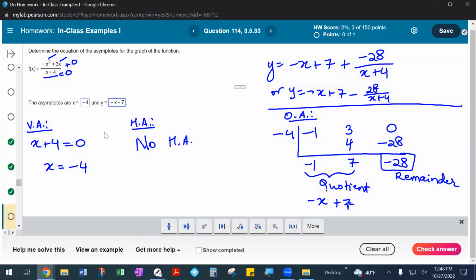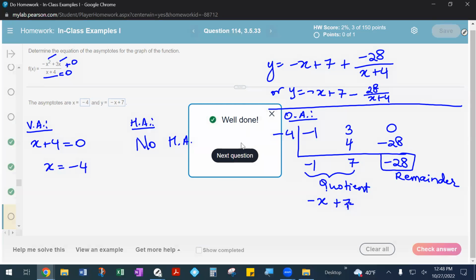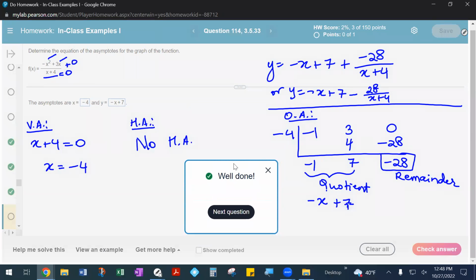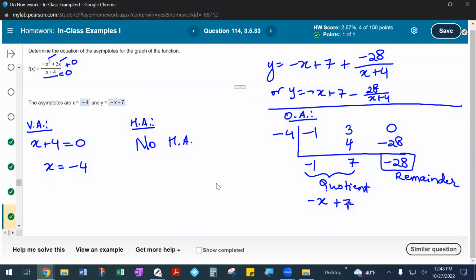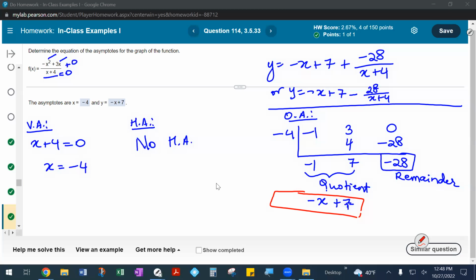Okay, so let's try just with the quotient part. And we'll see what this says. Okay. So for the oblique asymptote, then we're just using the quotient. Yeah, so no remainder.